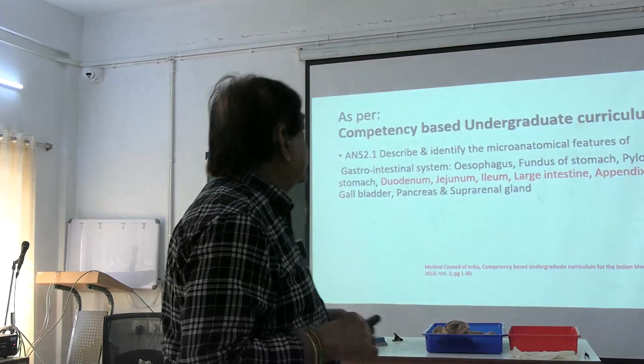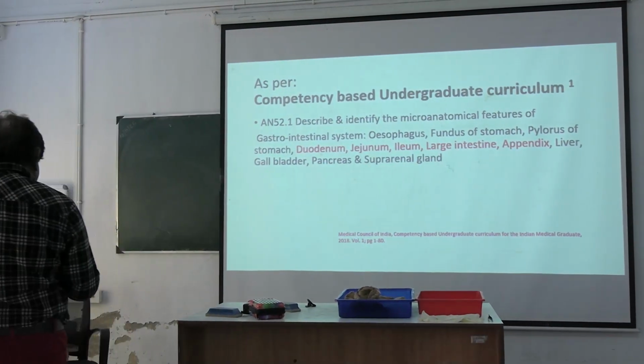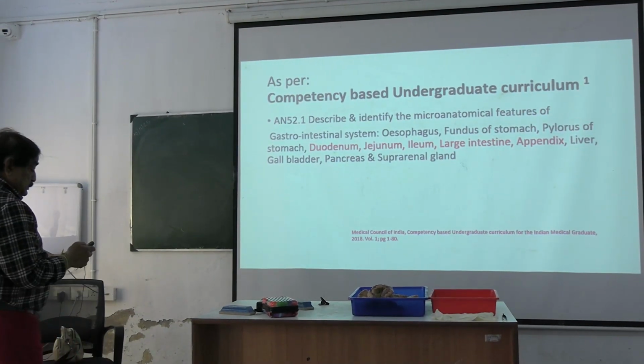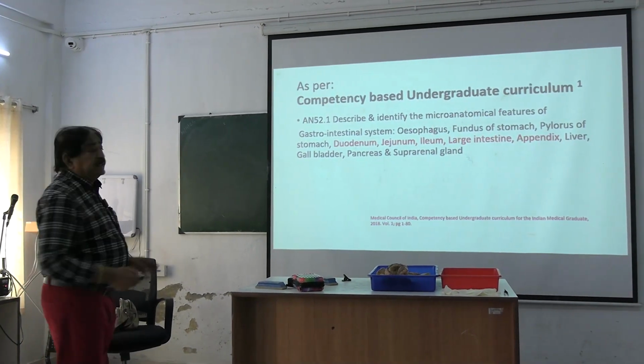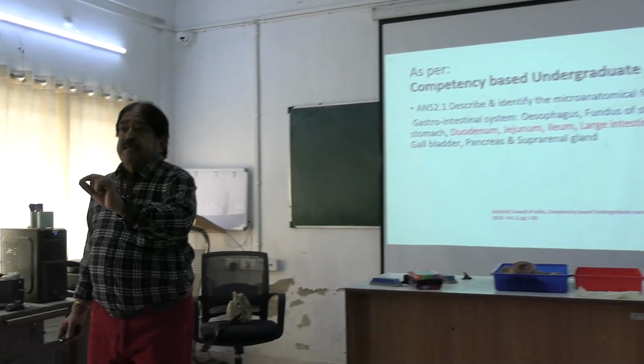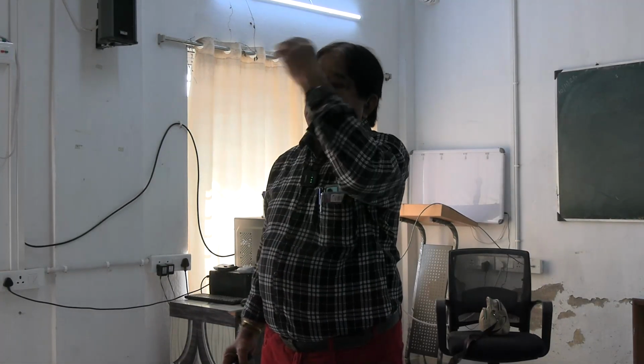Okay, another thing is that today we'll be discussing these competency-based undergraduate curriculum. It is in the books. In your book, in your histology text, in every book, after the preface and the foreword and all this, then the authors, you are shown what the things are. But don't remember the codes like AN 2.9.